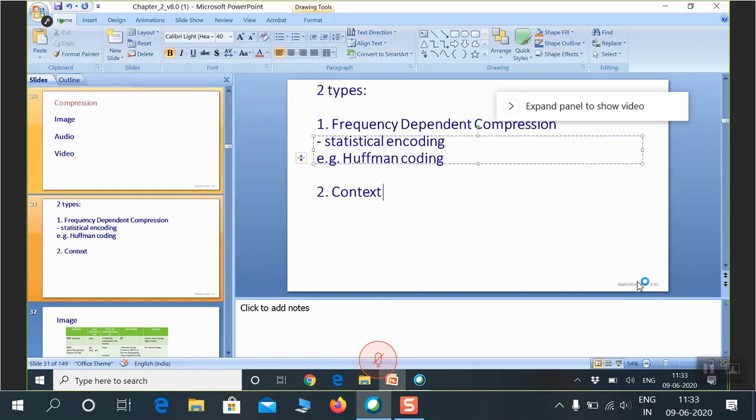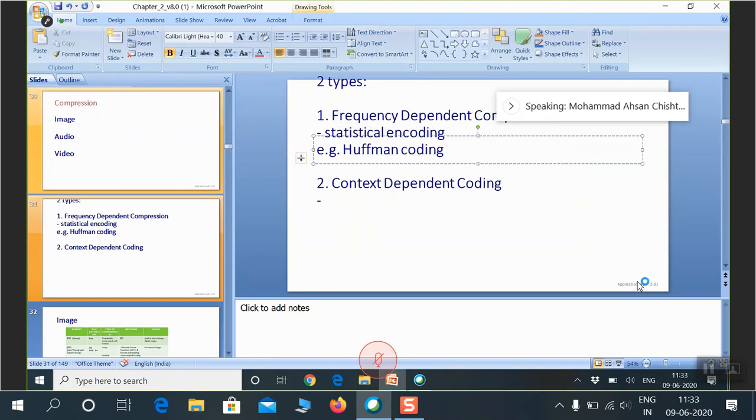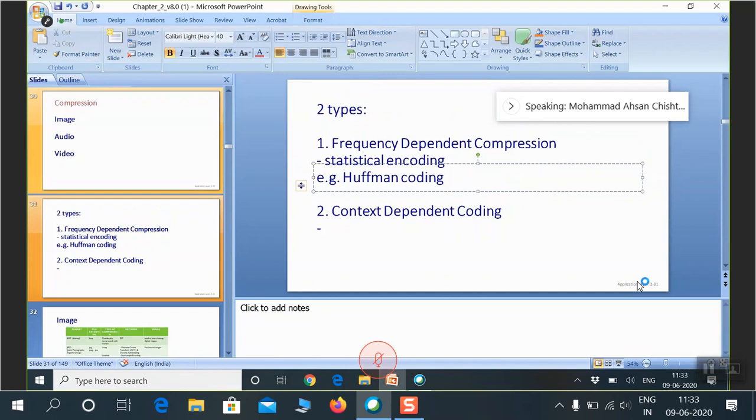The second one is context dependent coding. And what is context dependent coding? The first one, frequency dependent, is like having E more commonly seen than Q, whereas context dependent coding recognizes that some letters, some characters, some bytes often occur adjacent to one another.